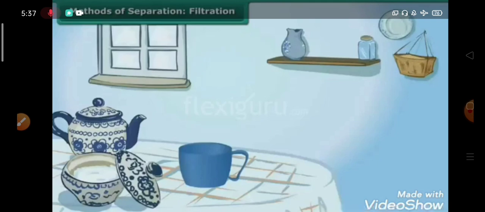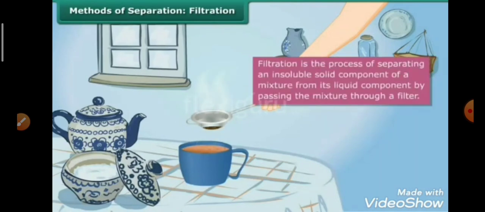The next method of separation is filtration. Children, after we prepare tea, we separate it from the tea leaves with the help of a strainer. This process of separation is called filtration.